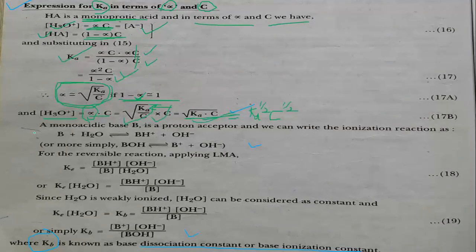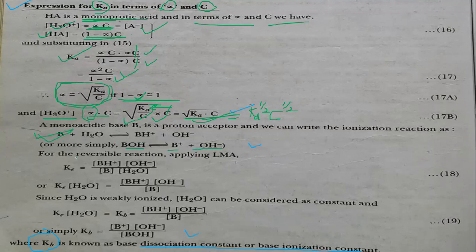Similarly, we can think for the monoacidic base. It takes only one proton, hence it is a monoacidic base. So B plus H2O gives you BH+ and OH-, or more simply you can write BOH gives you B+ and OH-.